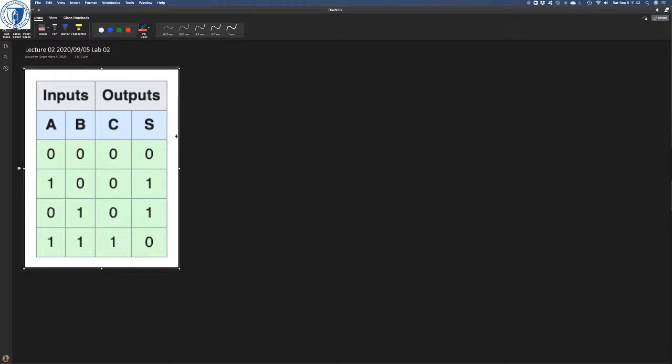Right, so the first thing we've got to do for this lab is design a circuit, right? So we've got two inputs, A and B, and two outputs, C and S. One way to do it would be a 2x2 Karnaugh map, but that seems a little too simple, right?